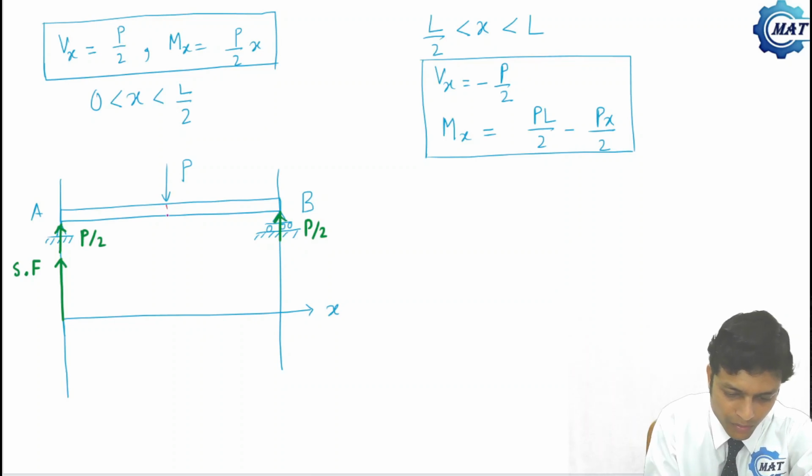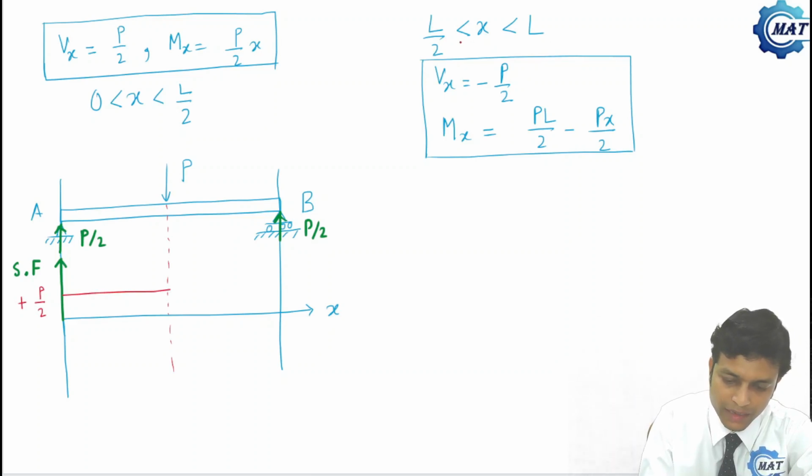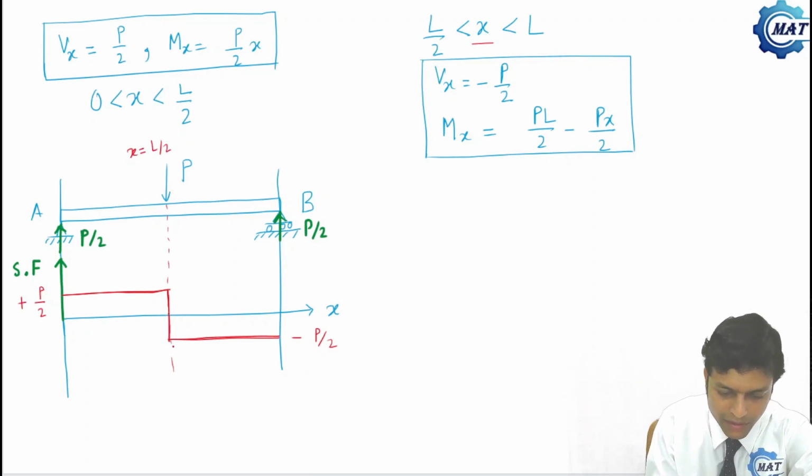Vx is P by 2 up to L by 2, so this is constant plus P by 2. Then for x greater than L by 2 and less than L, Vx is constant minus P by 2. So this is the shear force diagram. We can see that at x equal to L by 2 there is an abrupt change in the shear force diagram. The shear force suddenly drops by an amount P.